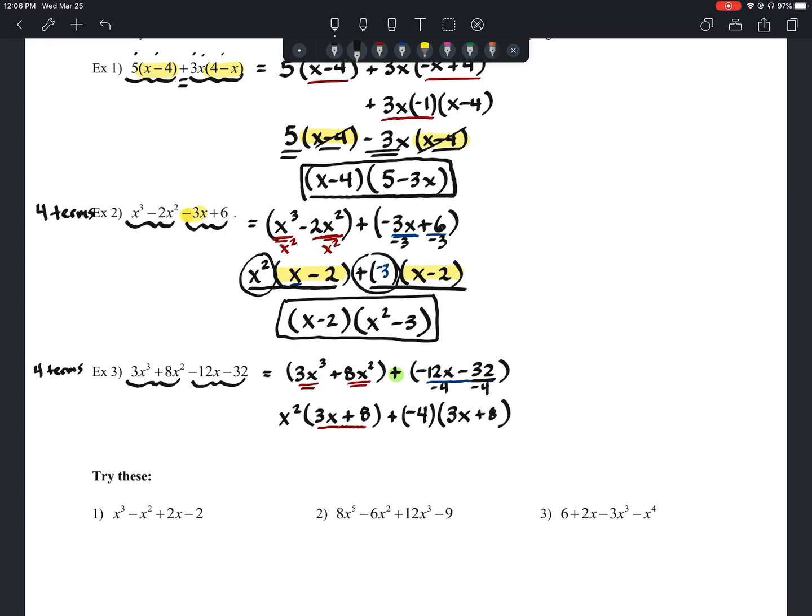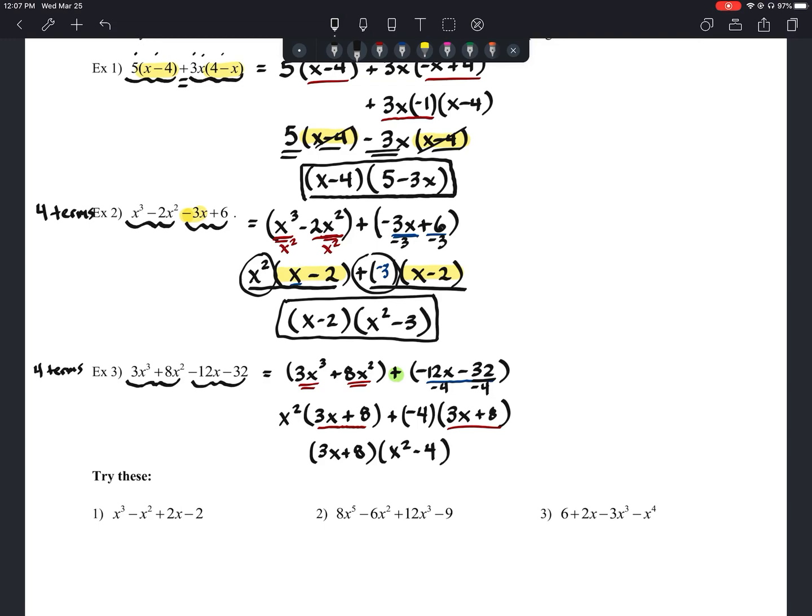You see that we've got the same terms here. So now we factor out that 3x plus 8, and what's left over is x squared plus a negative 4, or x squared minus 4.